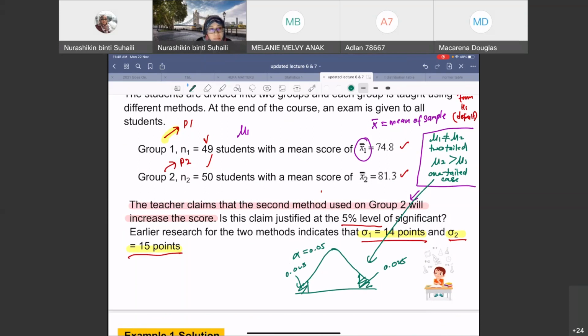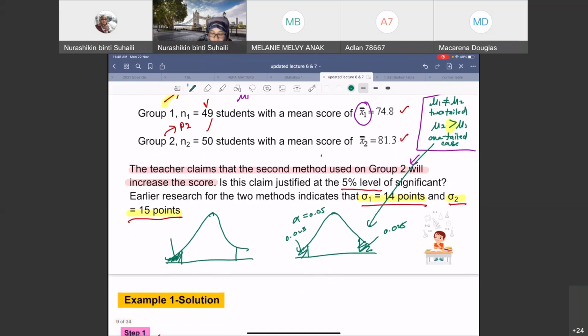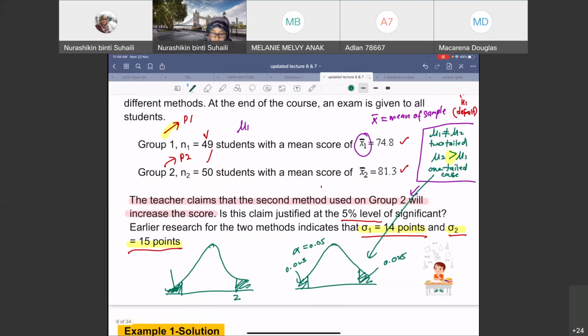But since this problem is a one-tail case because of this symbol, whenever you want to find the Z table, you just consider that 0.05 on one side, because at the end you want to know the Z value.